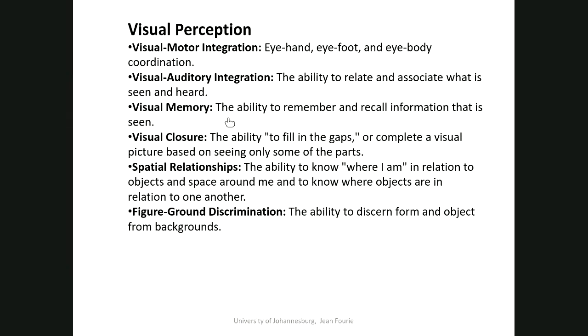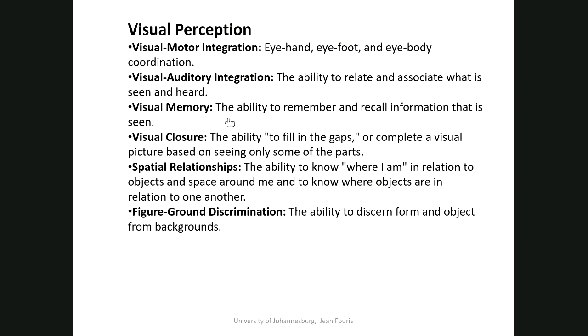Visual memory is a key part of visual perception, and this is the ability to remember and recall information that is seen. The ability to remember the pictures or the drawings or the shapes of letters and numbers, all the diagrams that we teach children in school, map work and graph work, all those things rely on your visual memory.